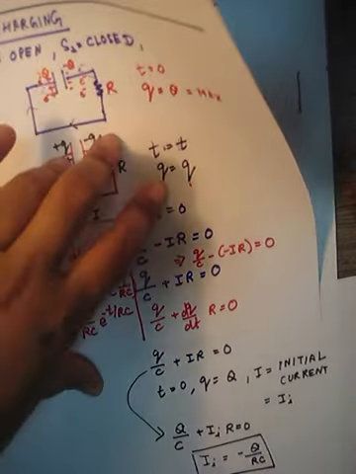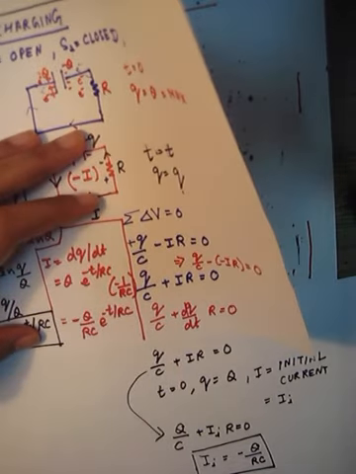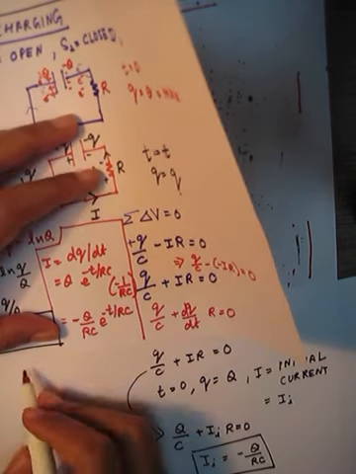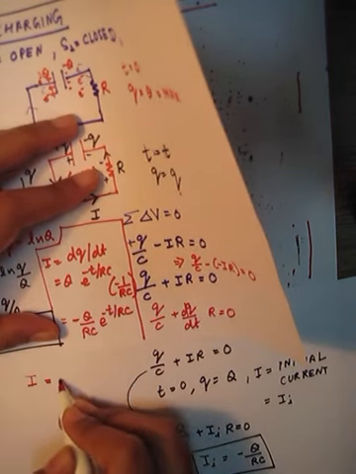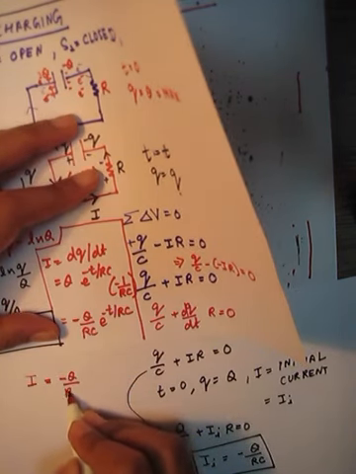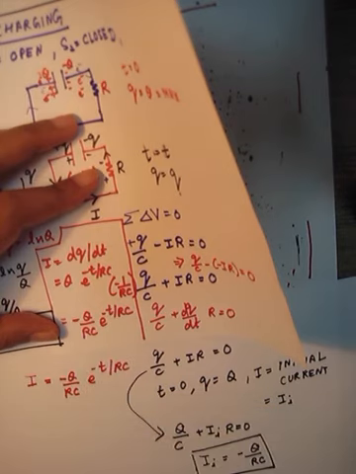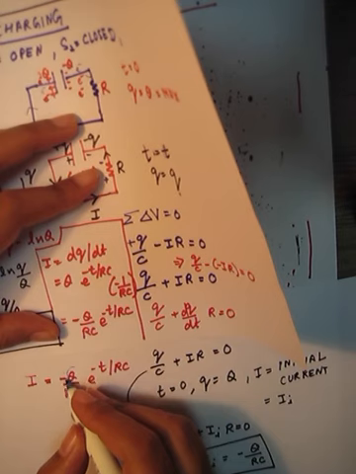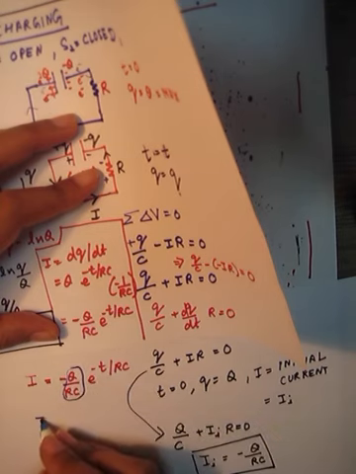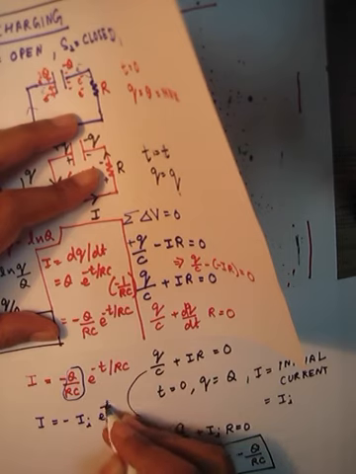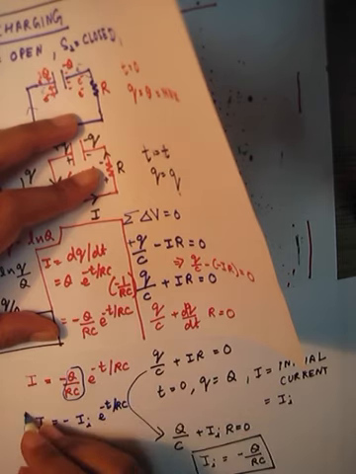Okay, so it means that this term here is the initial current. So the current will be given by minus Q upon RC exponential minus t upon RC, and this is the initial current, so it will be minus I_i exponential minus t upon RC.